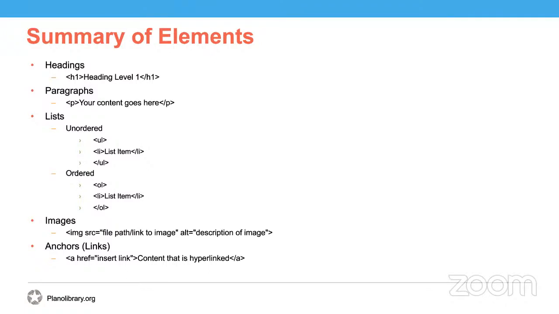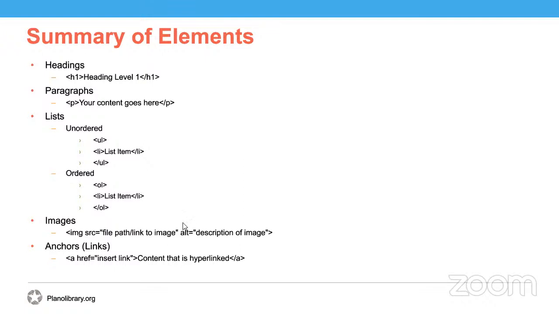This element also contains an opening and closing tag. The image element lets you embed images into your web page. You only need one tag, and you need to include the source attribute, which points to where your image is located, so either on your machine or online. And you also need an alternative text attribute, which helps text readers describe your image.